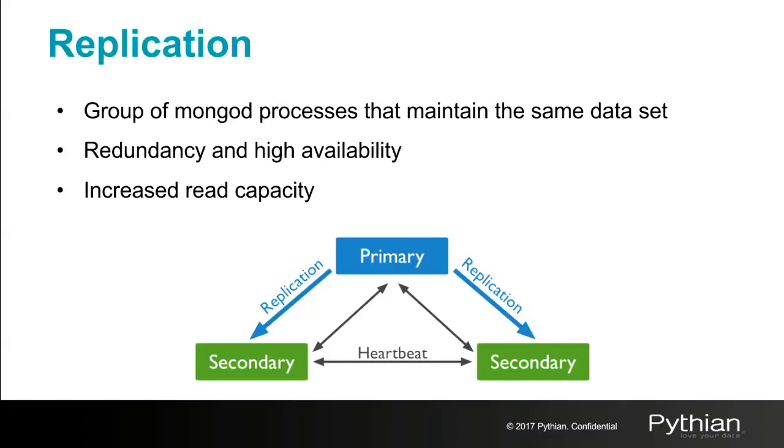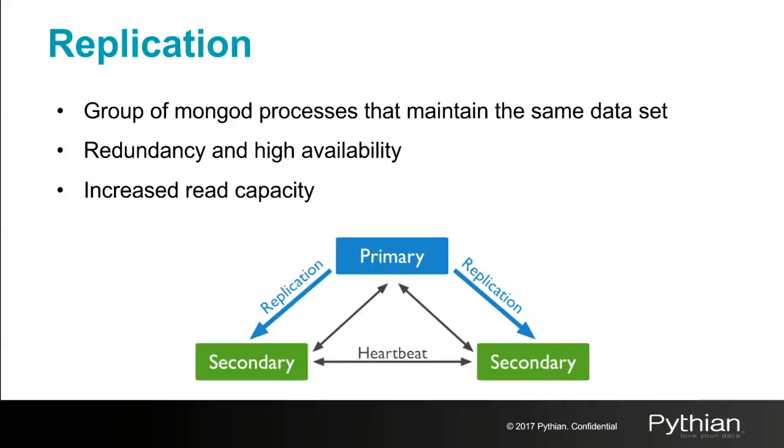So replication in MongoDB is maintaining the same data set from multiple processes. That's the basic definition of replication in any database. Primarily, we do want to maintain multiple copies of our database because we want to provide high availability.